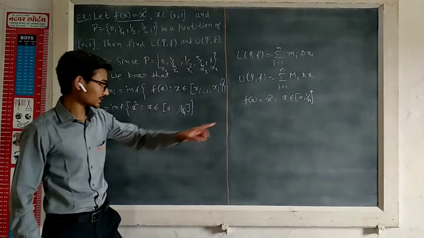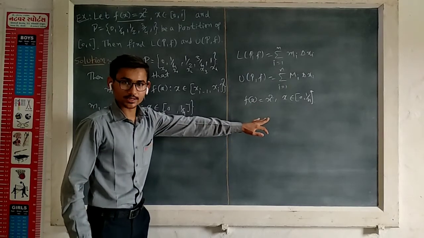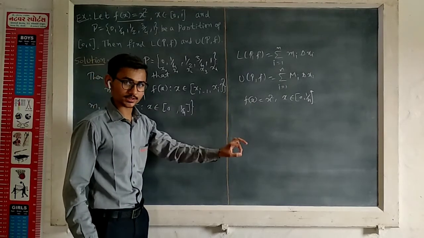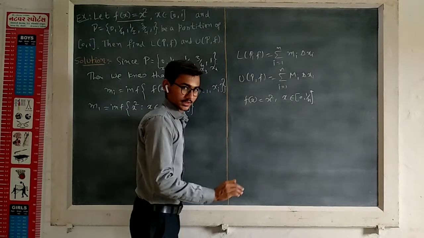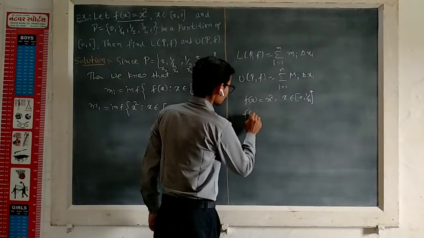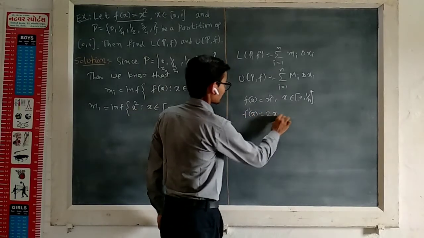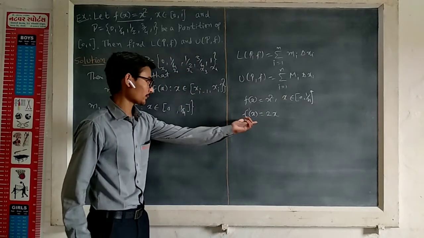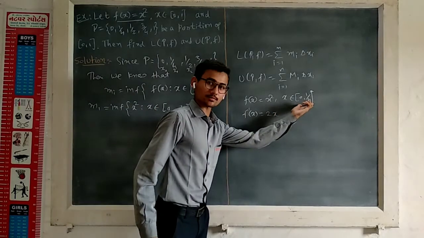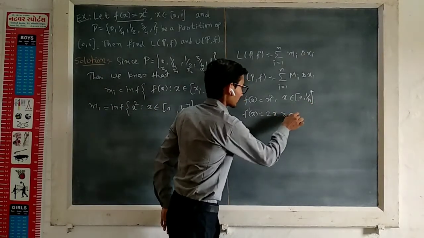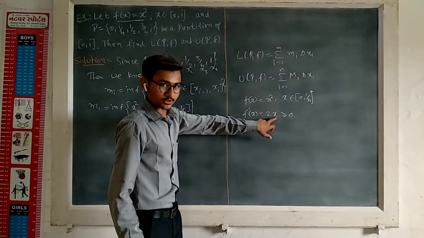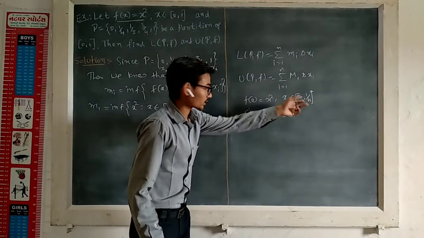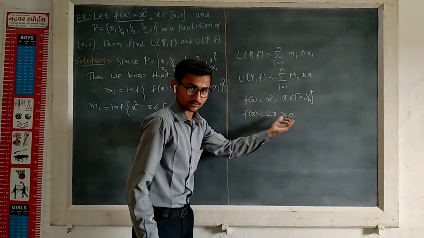If the function is increasing, then the derivative must be greater than or equal to 0. If the function is decreasing, then the derivative must be less than or equal to 0. The derivative of x square is 2x, and x belongs to 0 to 1 by 4, so it is greater than or equal to 0. Put any value of x in this interval, 2x is always greater than or equal to 0.